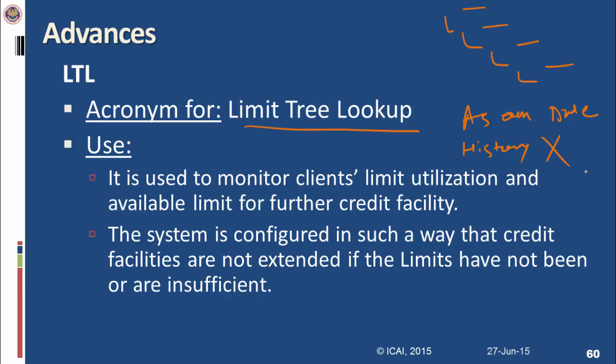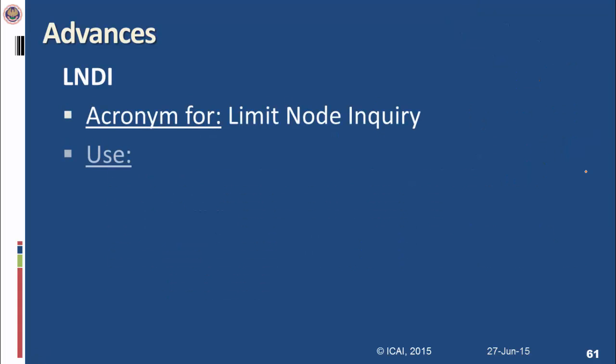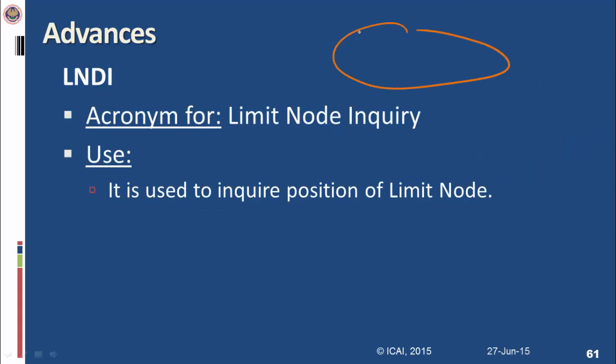LNDI is the command if we want to check specifically a node and not all the limits. With the limit node inquiry, we can zero in on the limit node to verify the usage of the limit.